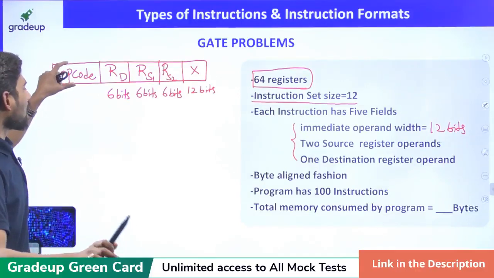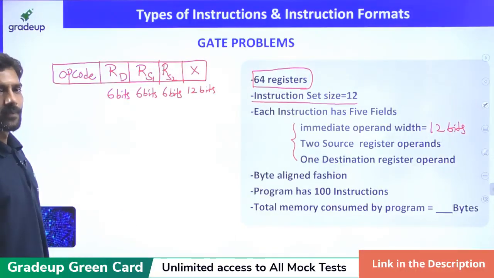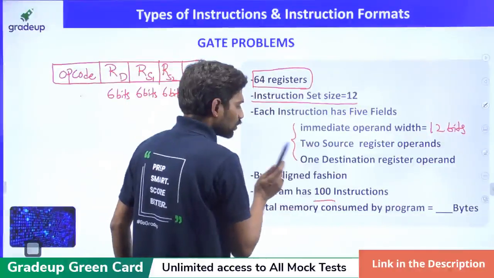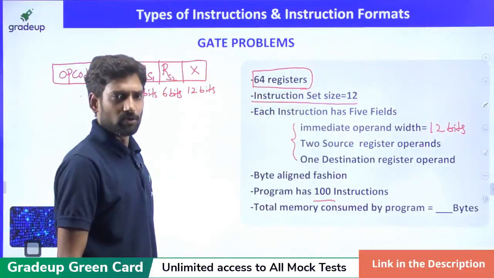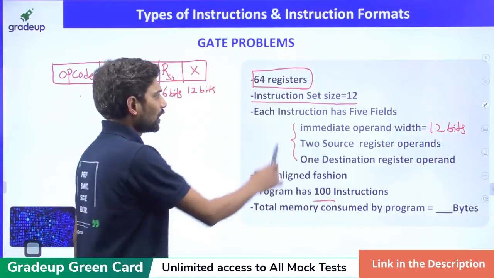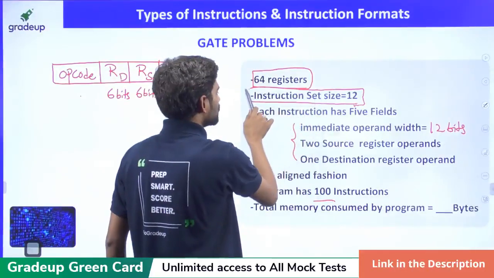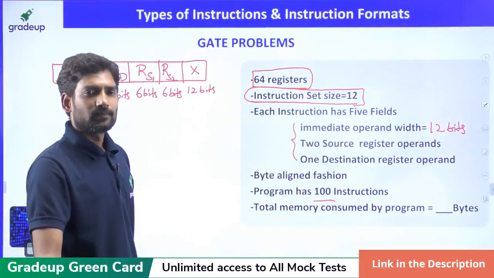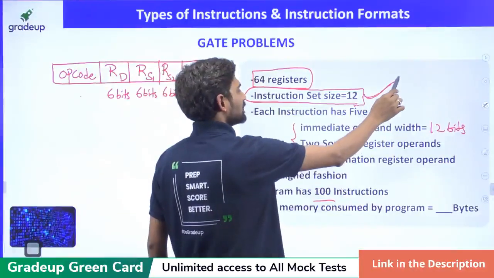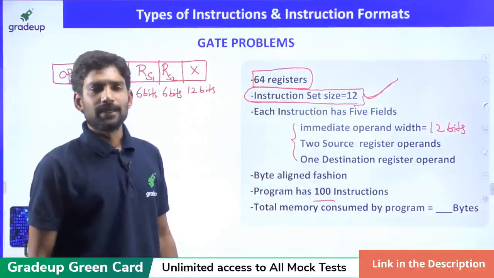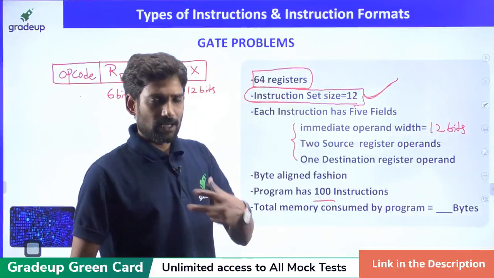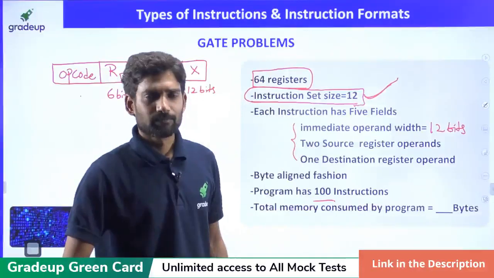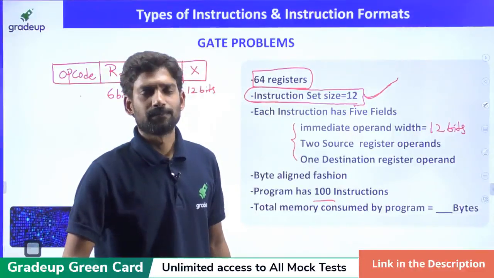Then opcode. For opcode, do we consider there are total 100 instructions? That would be 7 bits, or the instruction set is having the size 12, so we will take 4 bits. This is always considered because the instruction set has the opcodes. Using those opcodes you will write the program, meaning a series of instructions.